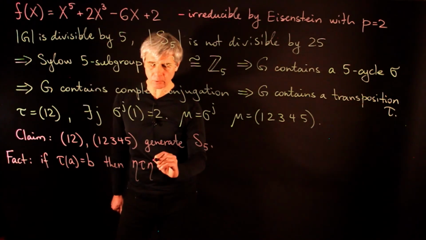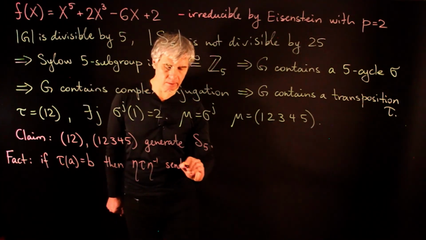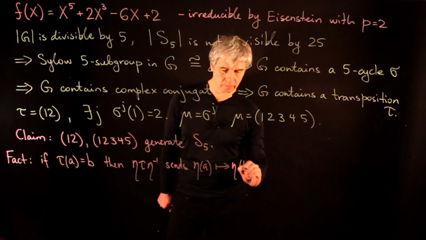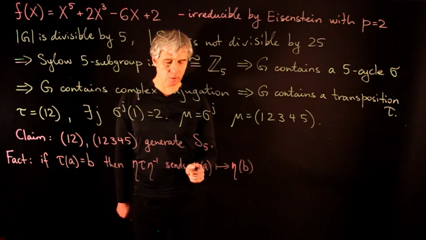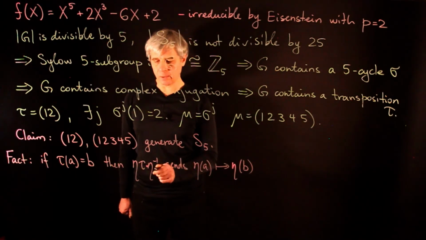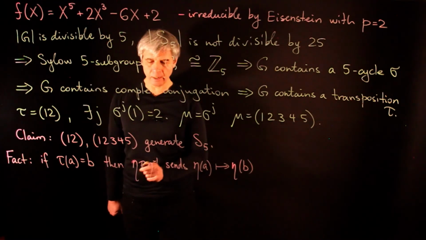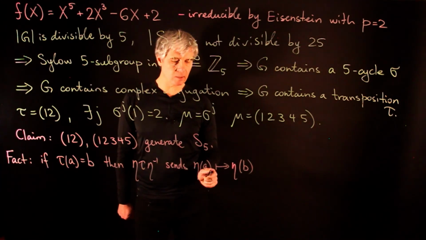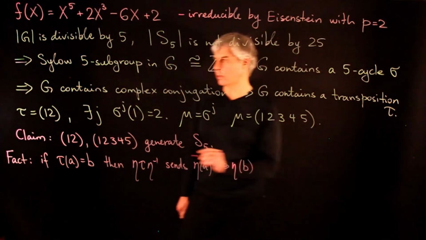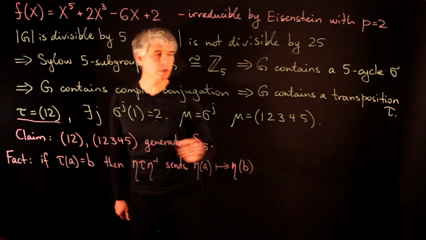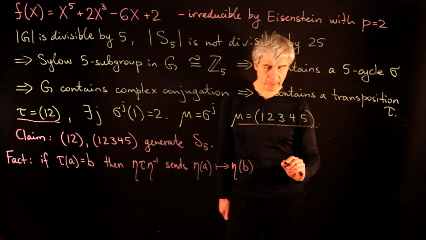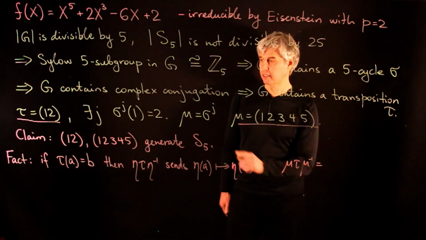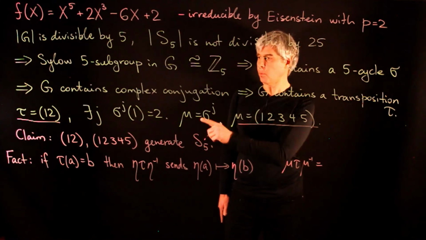There is the following useful fact about permutations: if tau sends element A to element B, then eta tau eta inverse sends eta of A to eta of B. Indeed, eta inverse will send eta of A to A, then tau will send A to B, and finally eta will send B to eta of B. So this composition sends eta of A to eta of B. So if we take this transposition tau and this 5 cycle mu, then mu tau mu inverse will be a transposition that swaps mu of 1 with mu of 2.